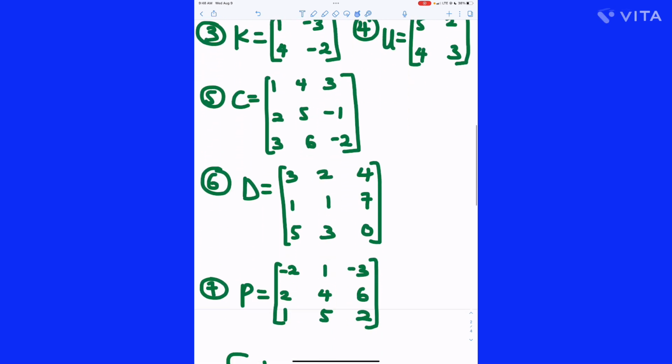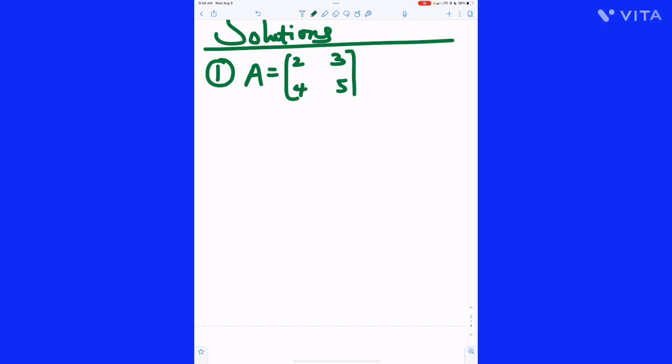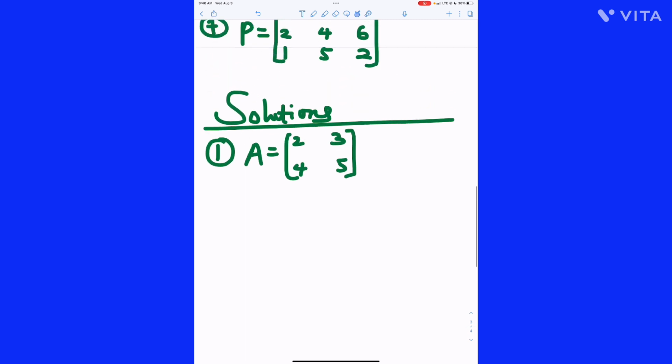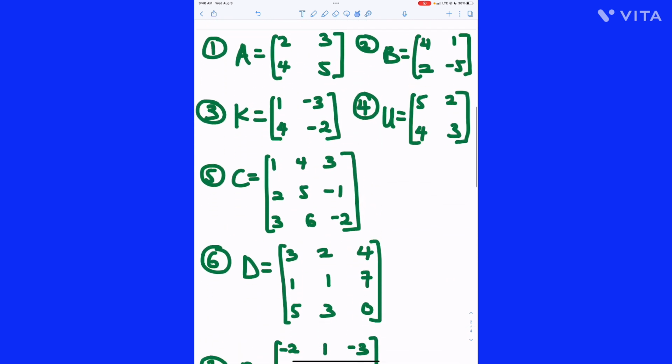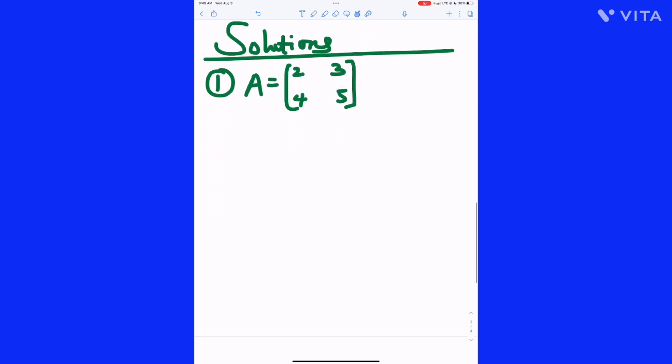Let's find the inverse of the matrix A, which contains the elements 2, 3, 4, 5.